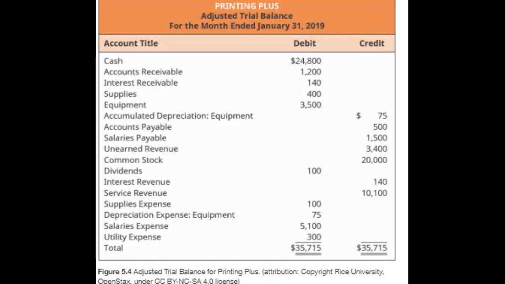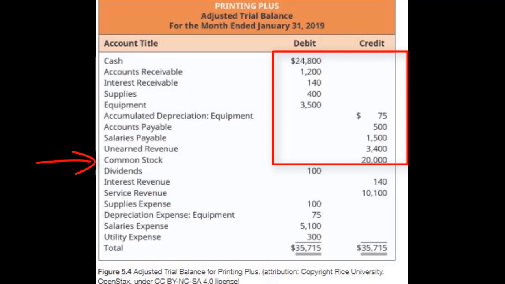What I'd like to point out, though, is that the asset balances, the liability balances, and the very first value balance, that is common stock, those are the first 5 debit rows and the next 5 credit rows.